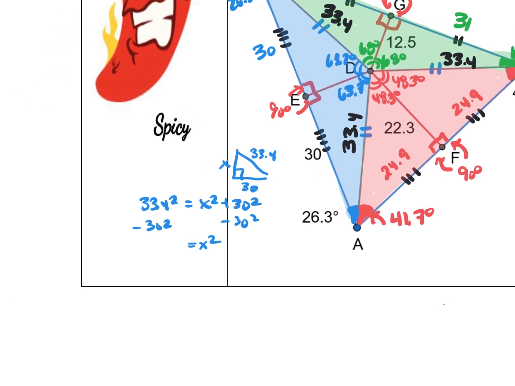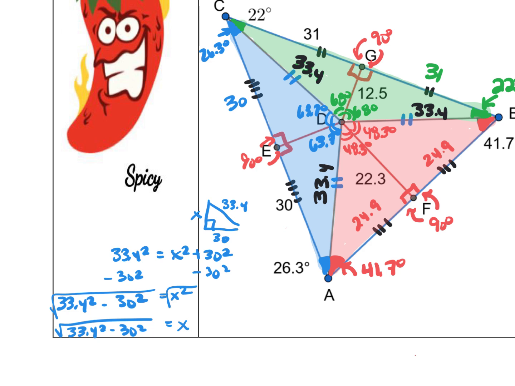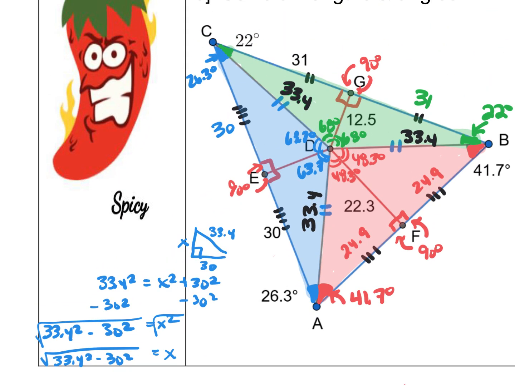So I've got 33.4 squared minus 30 squared. And then to get rid of that square, I'm going to take the square root. So I end up with the square root of 33.4 squared minus 30 squared. And if I do that, I end up with 14.7.